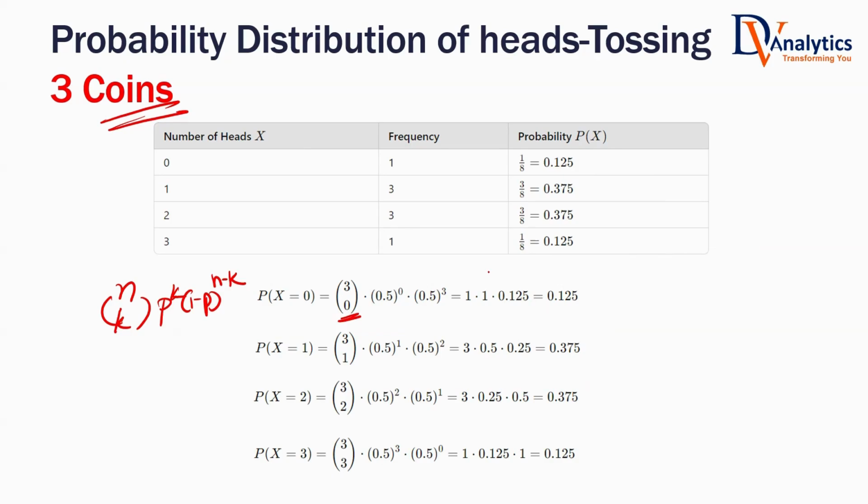If you want to get, say, 1 head out of 3 coin tossings, earlier we counted manually and got 3 by 8. Now, if you put that in the formula, 3C1 into p to the power 1, probability of success power 1, and n minus k, which is 3 minus 1, you will get 0.375, which is matching with this.